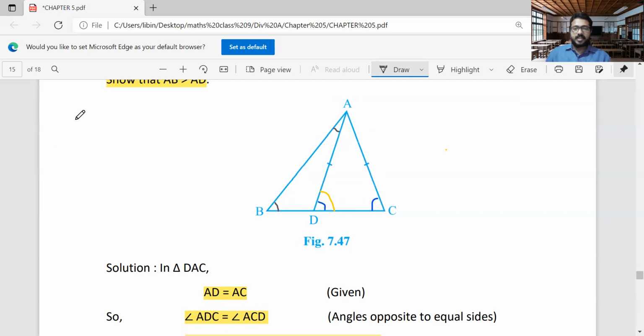We have seen this as a theorem earlier. So we can write angle ABD plus angle BAD will be equal to angle ADC.